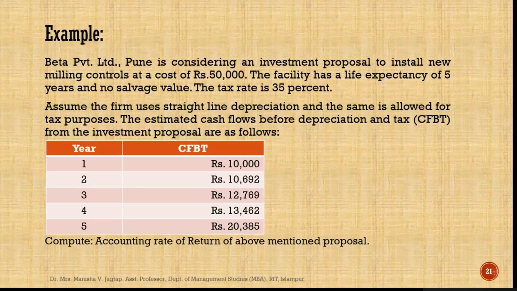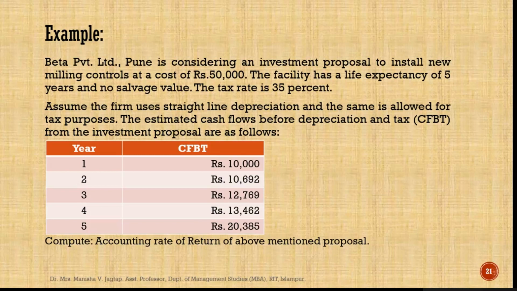Let us see an example. Rita Private Limited, Pune, is considering an investment proposal to install a new milling control at a cost of rupees 50,000. The facility has a life expectancy of 5 years and there is no salvage value.